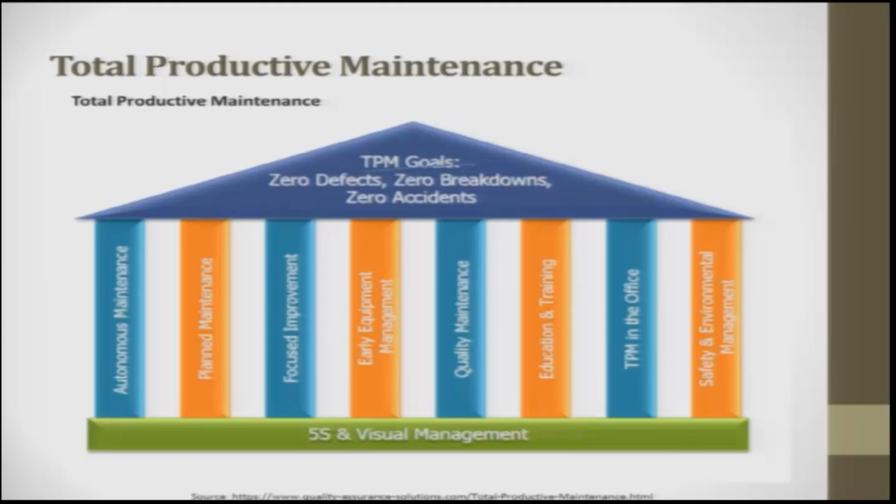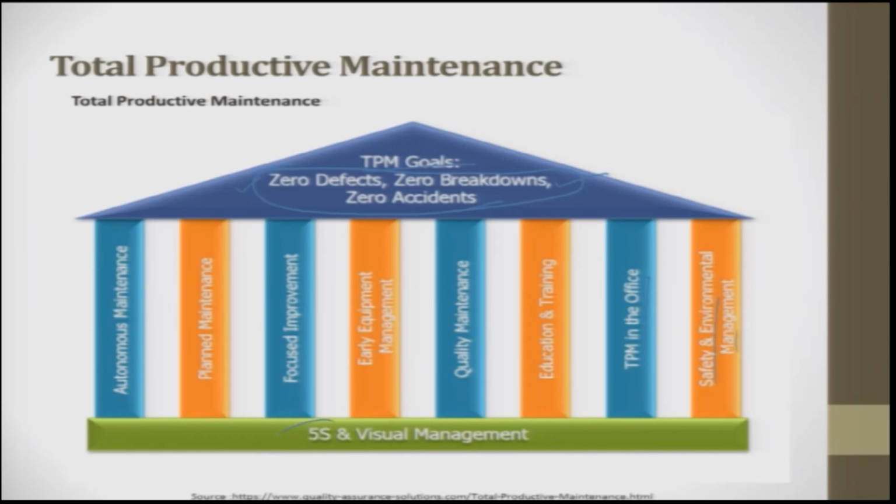So the TPM goal is zero defects, zero breakdown, zero accidents. So it's all zeros that are going to be the TPM goal. You should have autonomous maintenance, planned maintenance, focused improvement, early equipment management, quality maintenance, then an education and training system, TPM in the office, and safety and environmental management also.